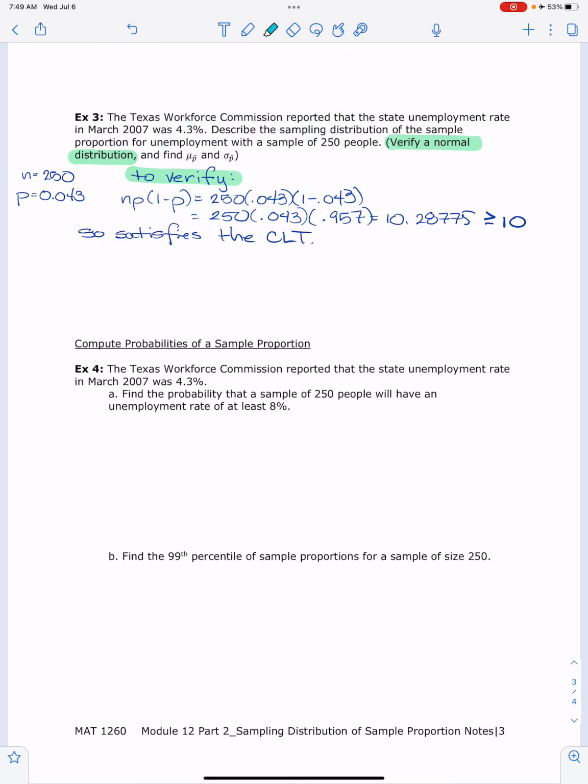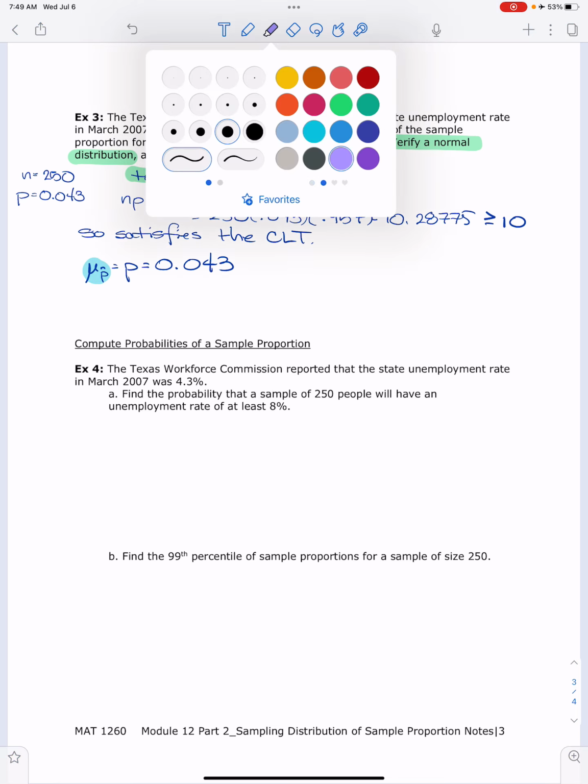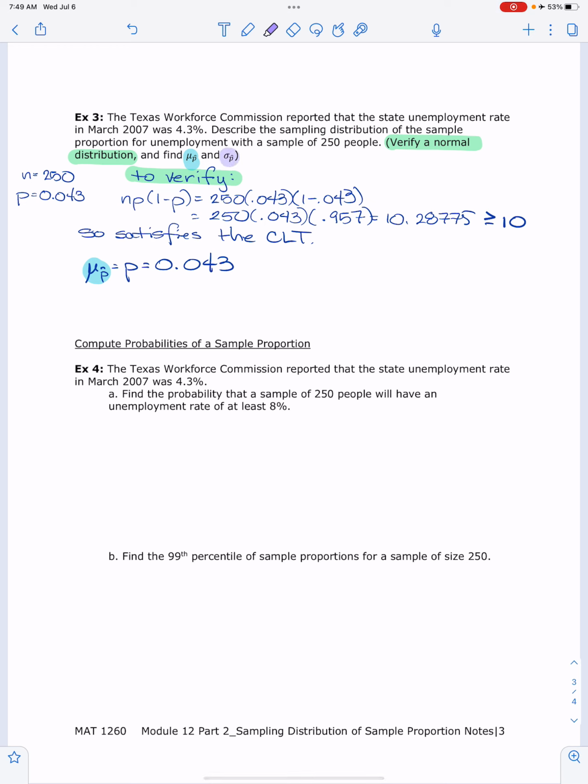Next thing we want to find is the mean of our sample proportions. The mean of p hat is going to be our population proportion, which is 0.043. Last thing we need to find is the standard deviation.